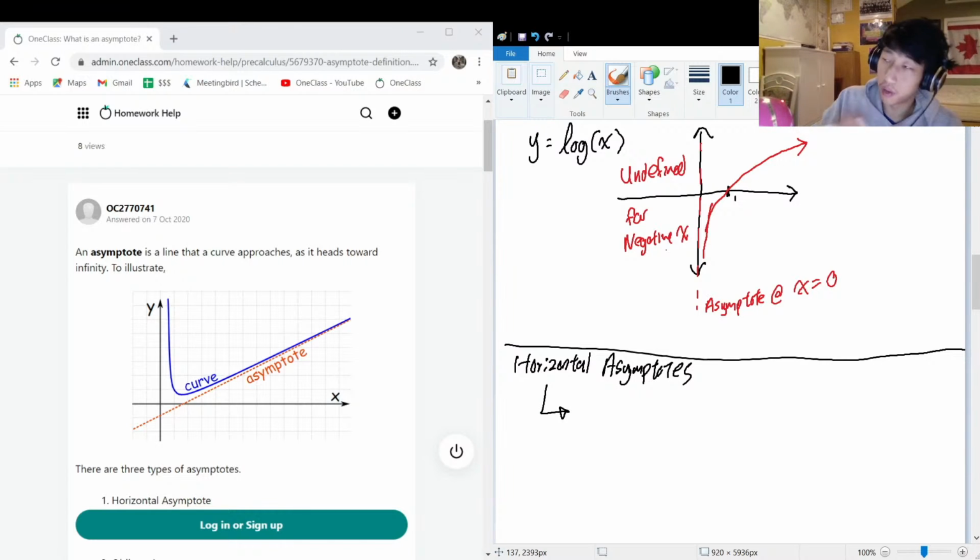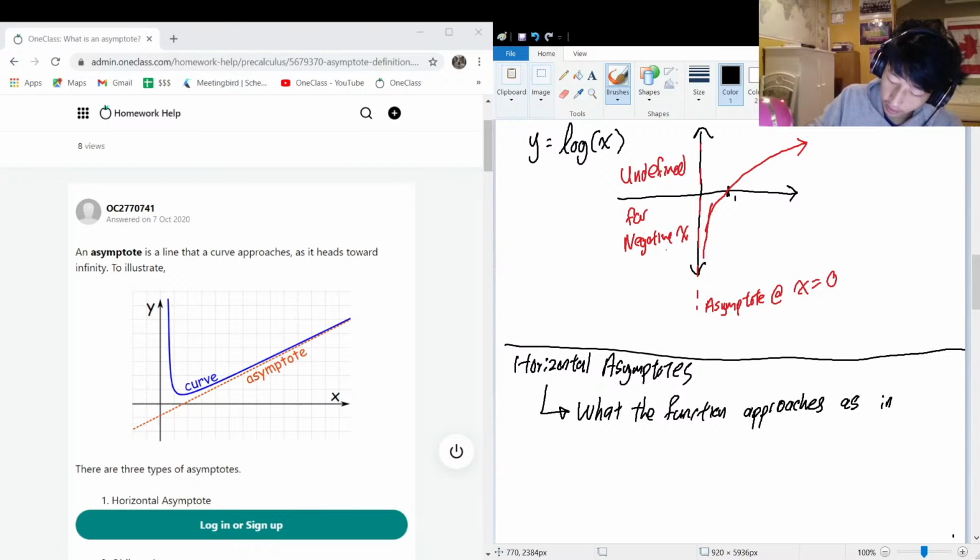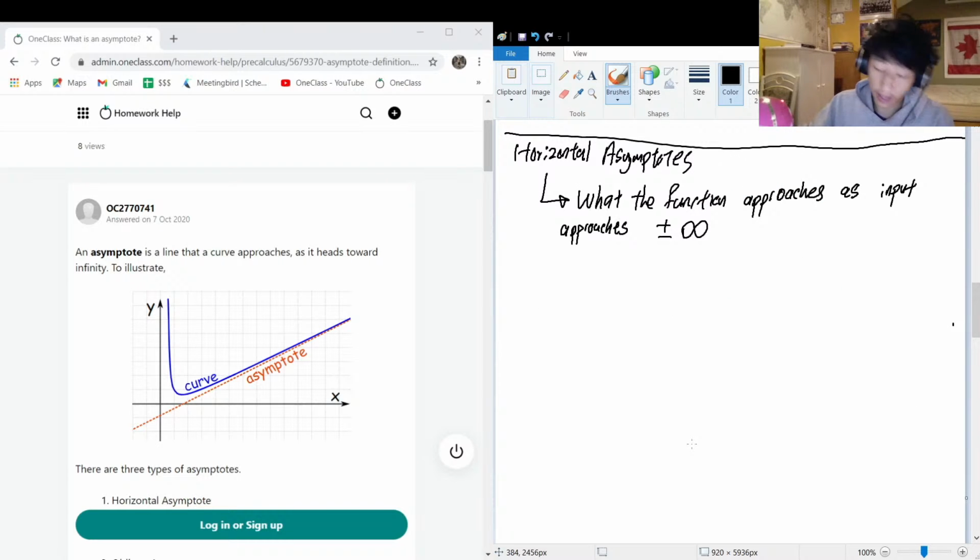So horizontal asymptotes are pretty much what the function approaches as the input approaches plus or minus infinity. Let's see some examples of horizontal asymptotes.